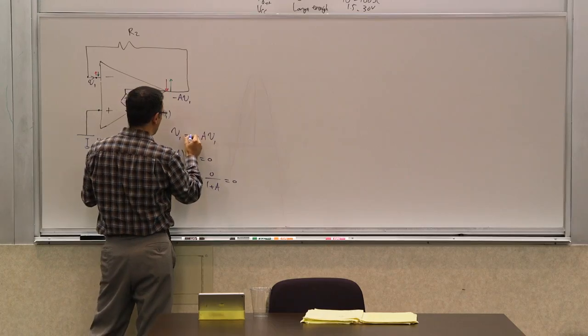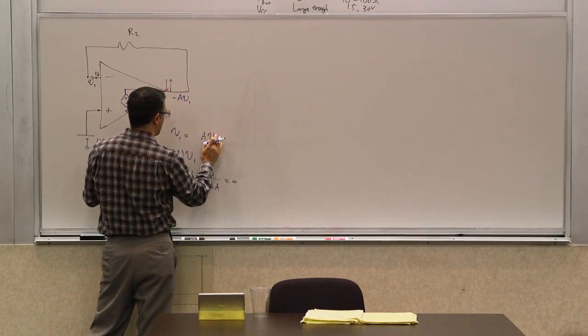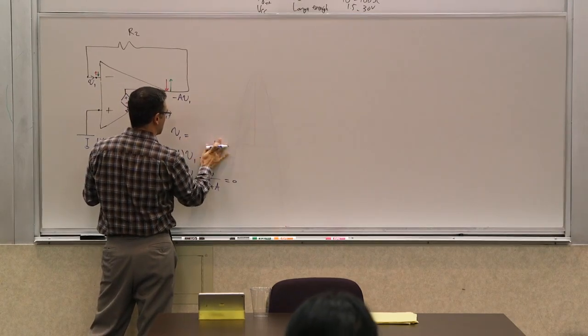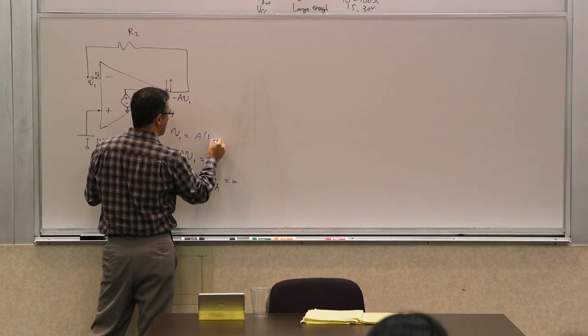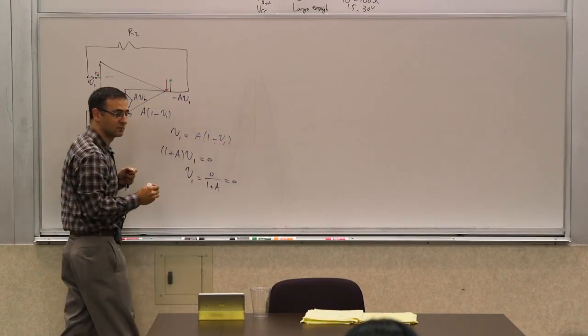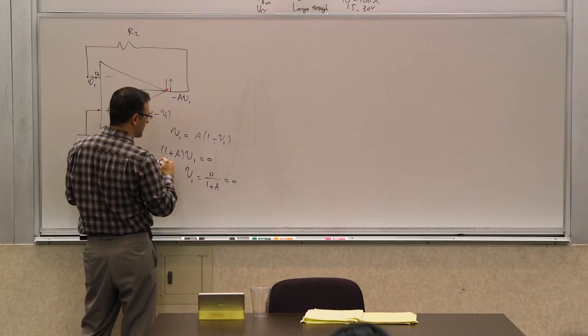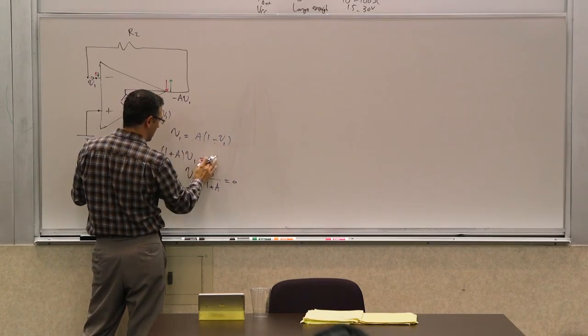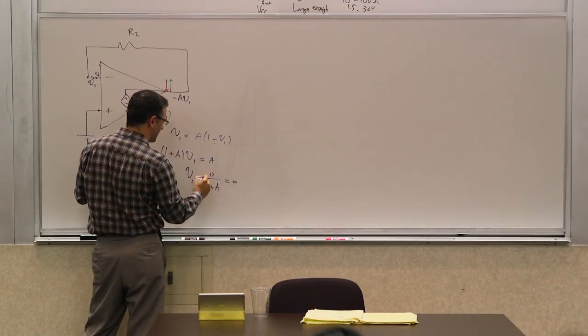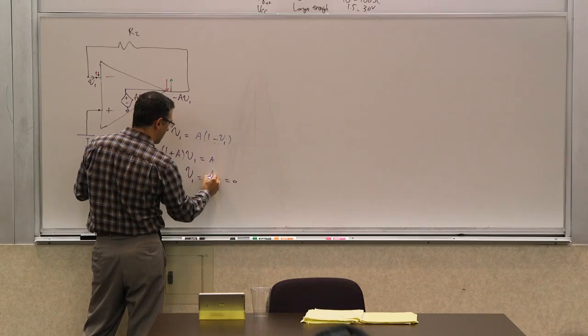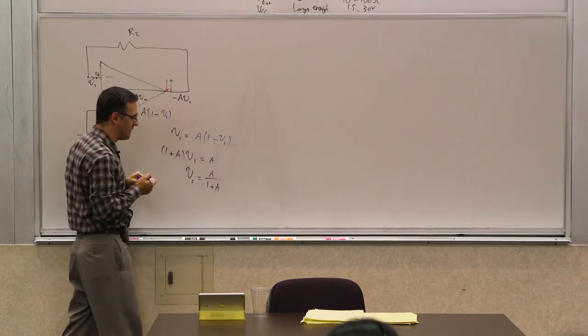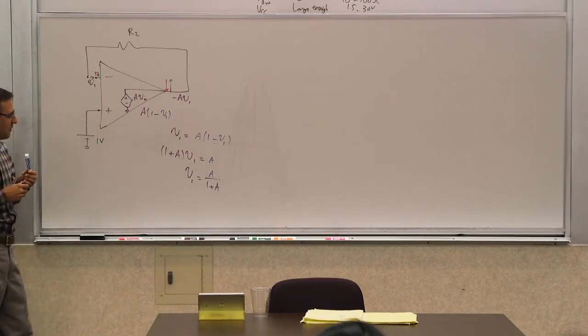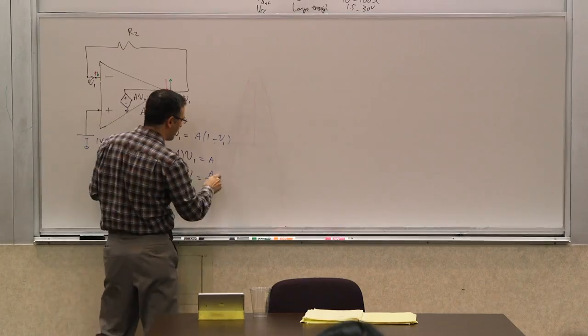Then this becomes A times (1 minus V1), right? And then if I solve for this, if I take this one and bring it to the other side, I'm left with A on this side. I'm going to be left with A over A plus 1. That would be my output voltage times 1 volt, really.